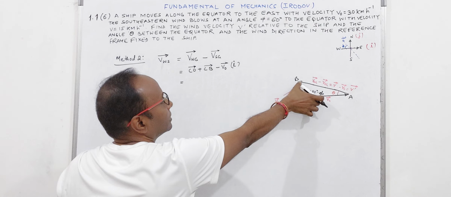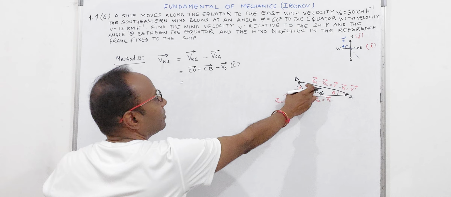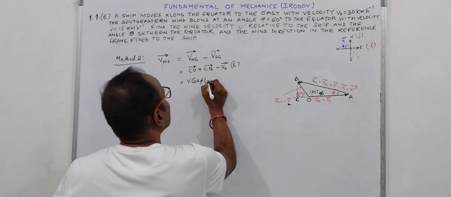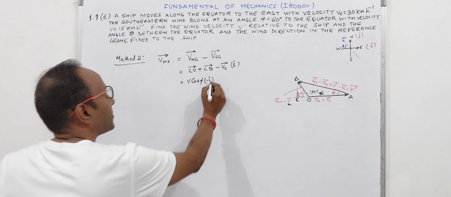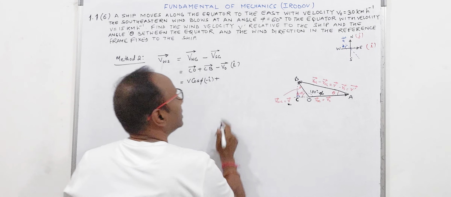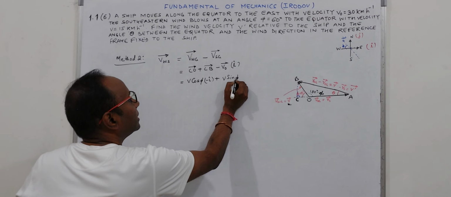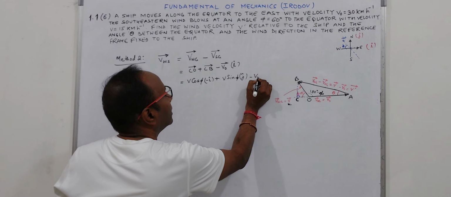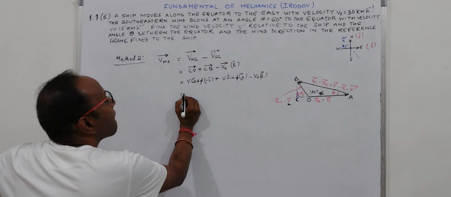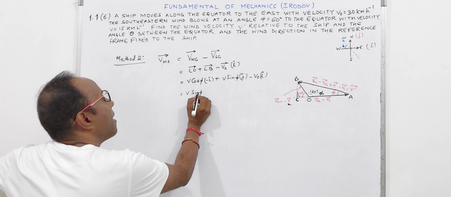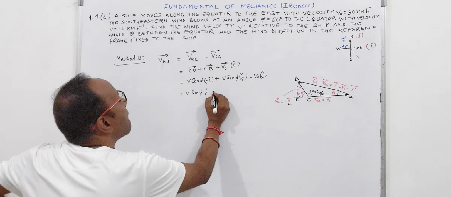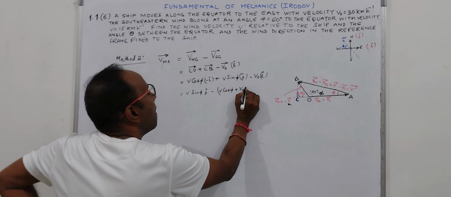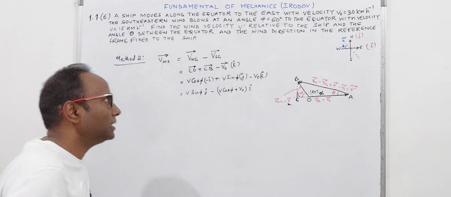CO is, this length is v cos phi, heading in the negative direction, so minus i, plus the vertical component, that is v sin phi, heading in the j direction.